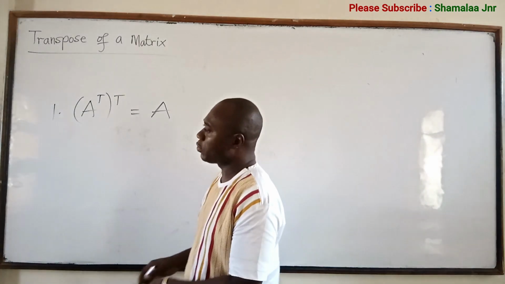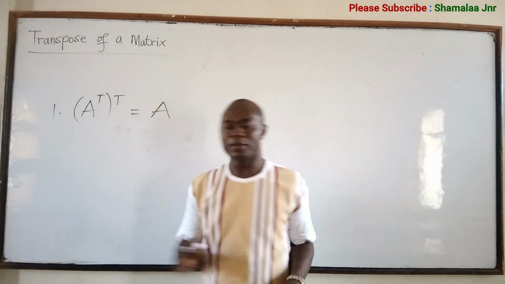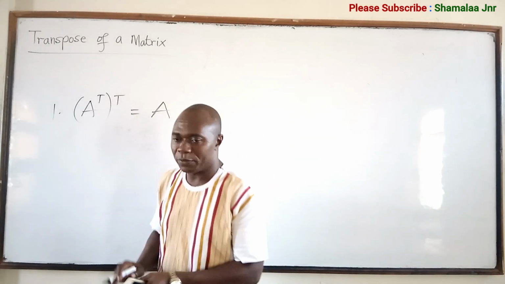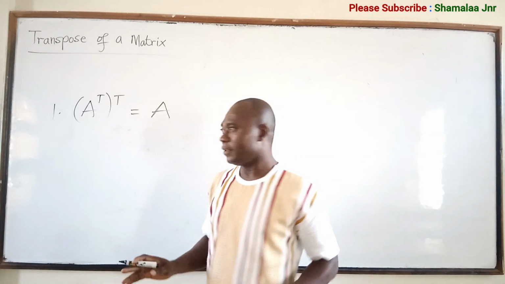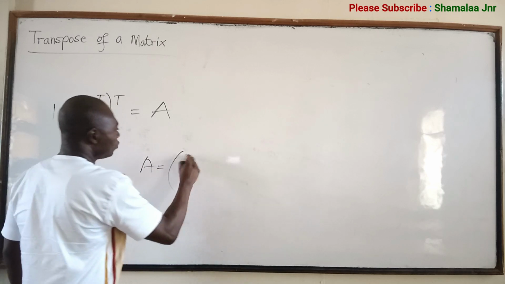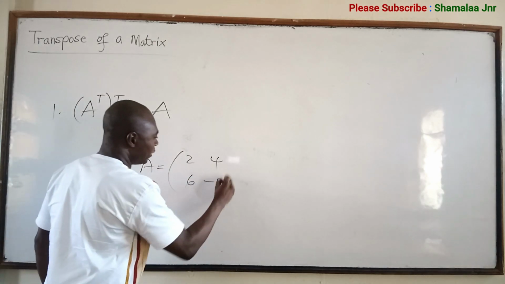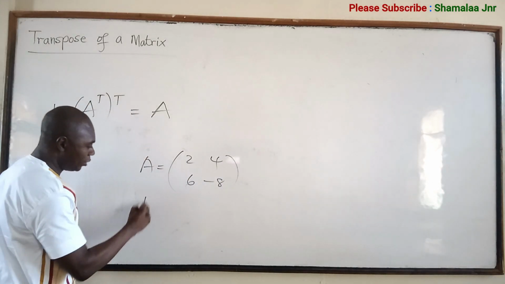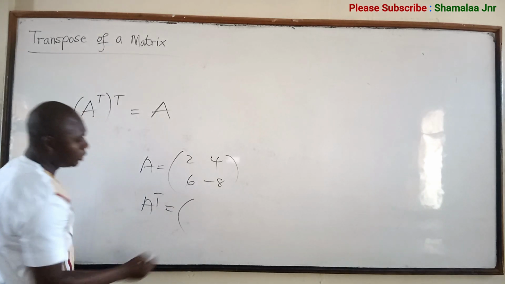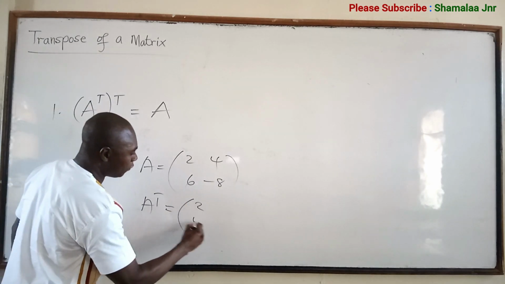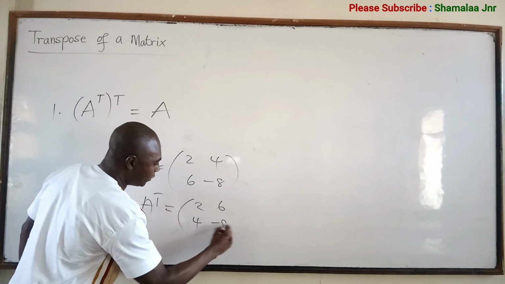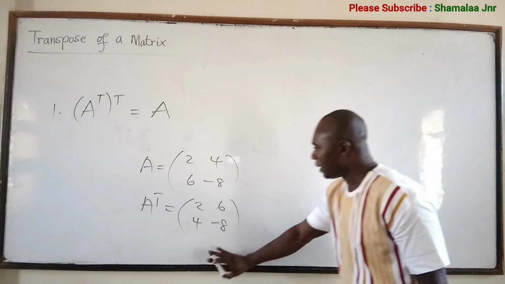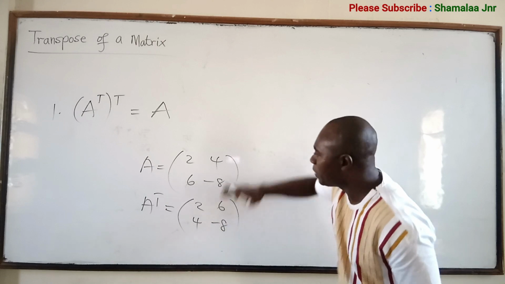The transpose of A transpose is A. The transpose of B transpose is B. When you pick A to be, say, 2, 4, 6, negative 8, so what we are saying is that when you transpose it twice, you get back A.